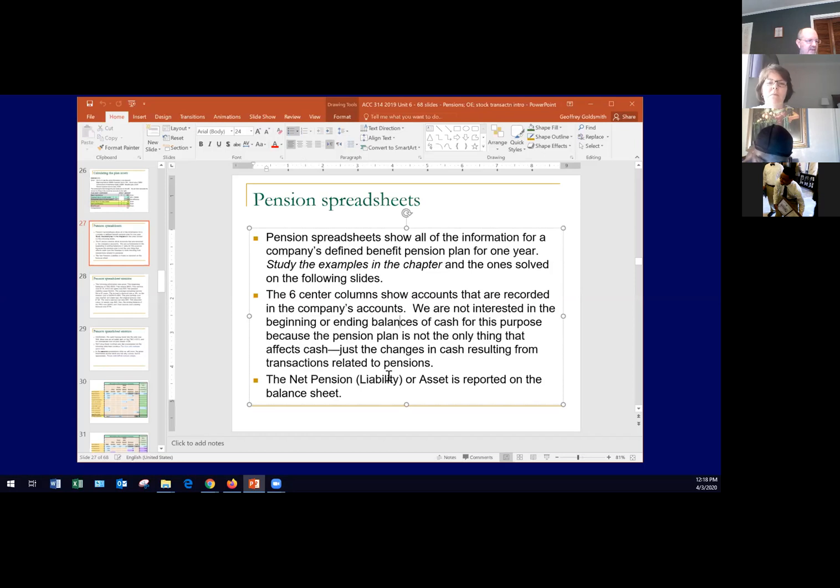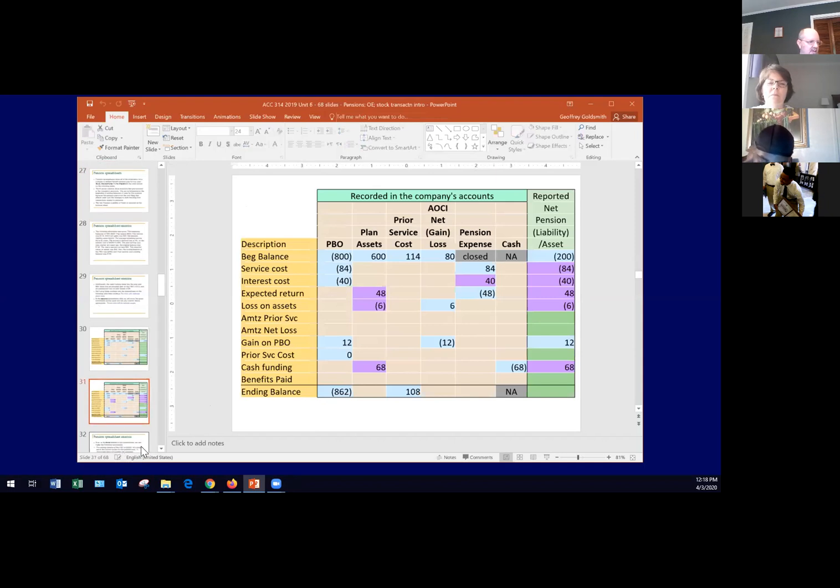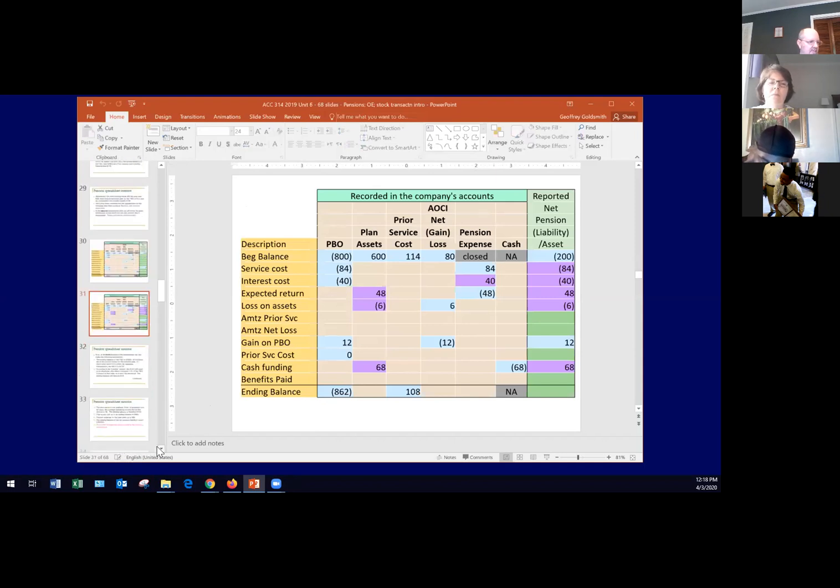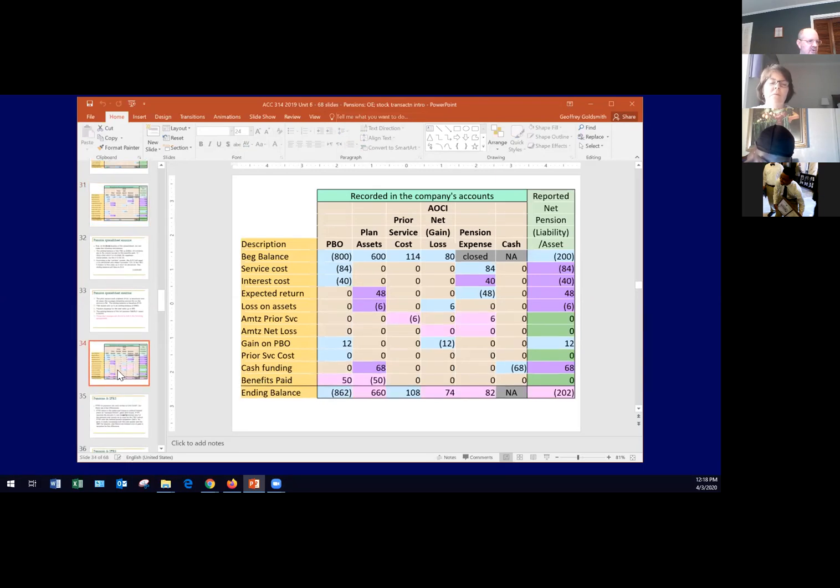The net pension liability or asset is reported on the balance sheet. So let me show you a completed one here. And this right-hand column, the reported net pension liability or asset, that's what they show on their own company balance sheet.